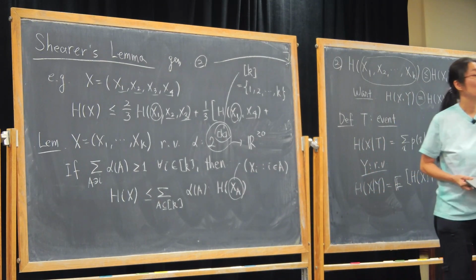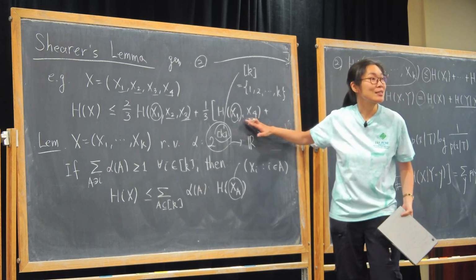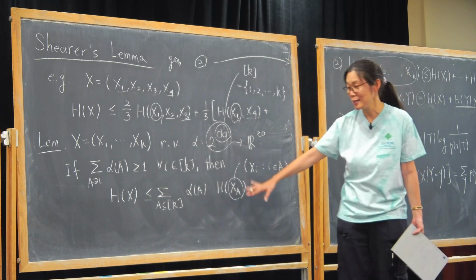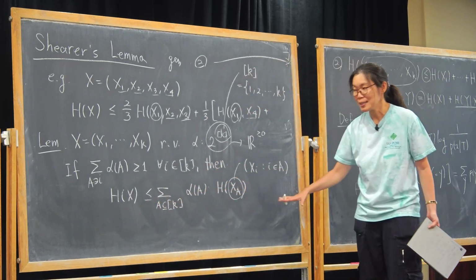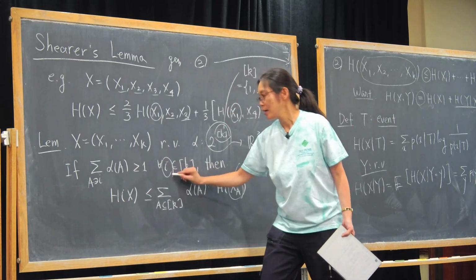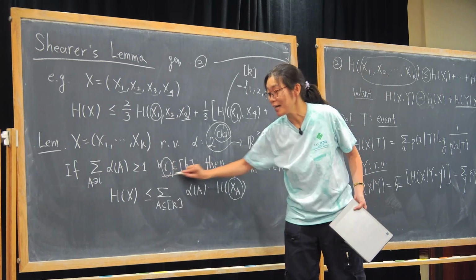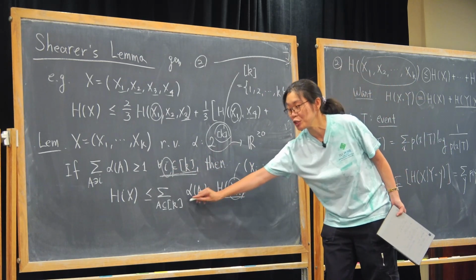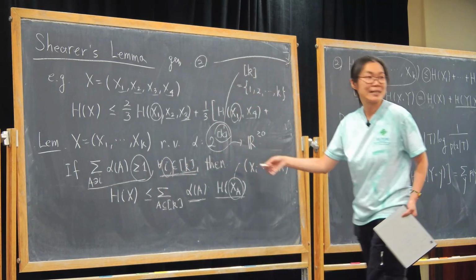So let's take a moment to appreciate this lemma. I gave you this example first because this example basically shows what happens here. We want to give an upper bound on the entropy. And on the right-hand side, if you look at each x_i, and at the sum of its coefficients like this, then the sum is always at least 1 for all of the x_i's.